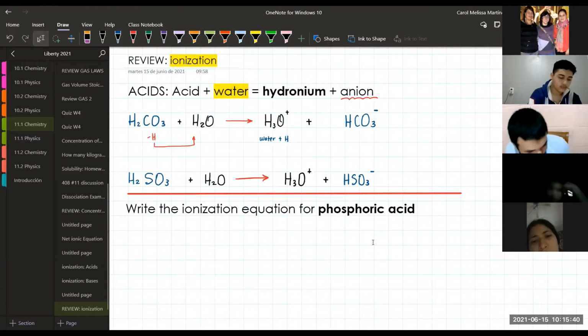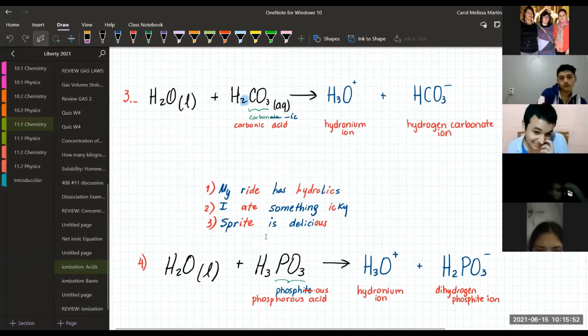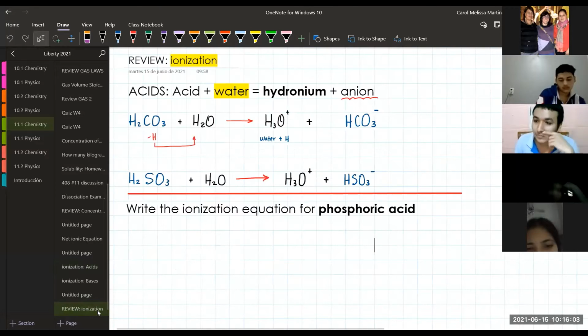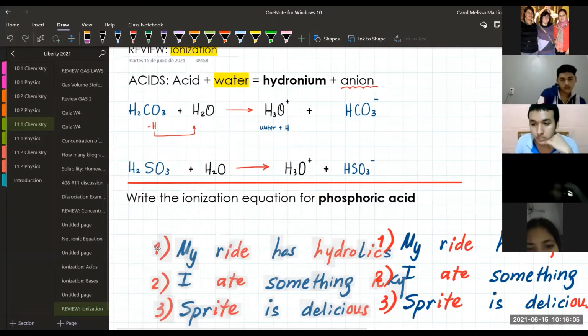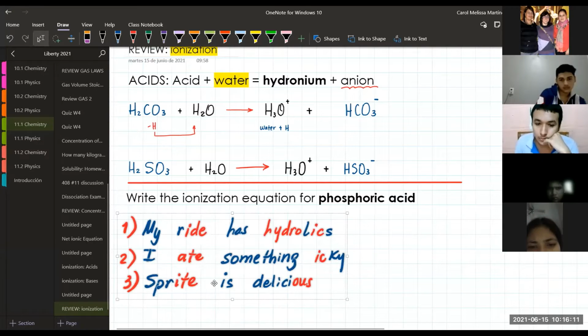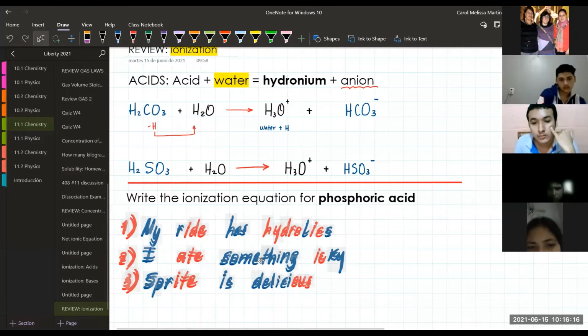And then you have to work. Remember the mnemonics that I gave you? You have to work with the mnemonics, but backwards. Let me see if I have the mnemonics here. Oh, yes, it is here. So this is the mnemonics that I gave you the other day.